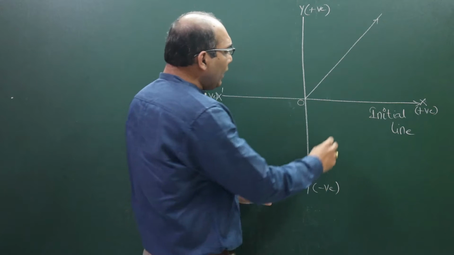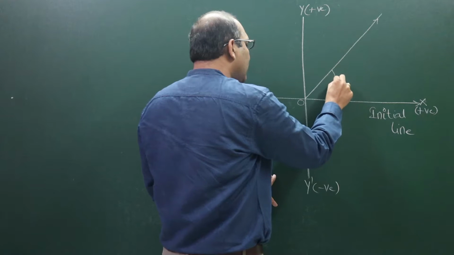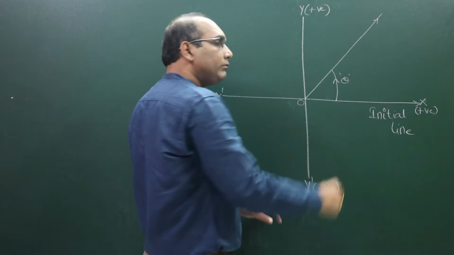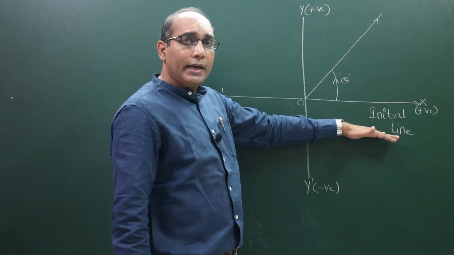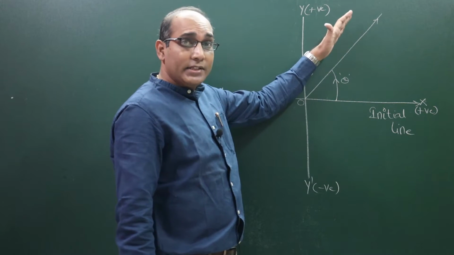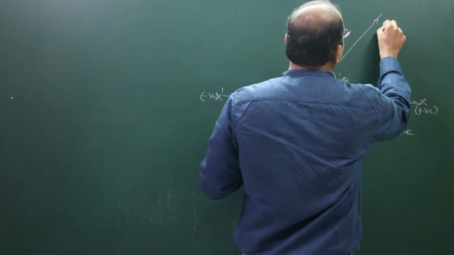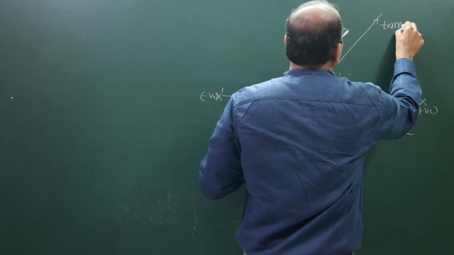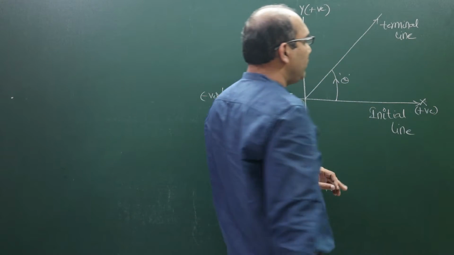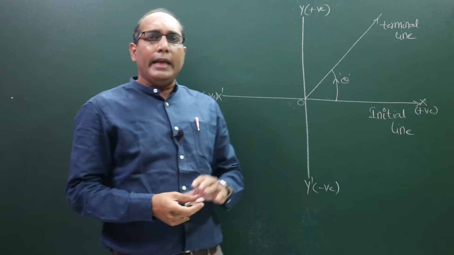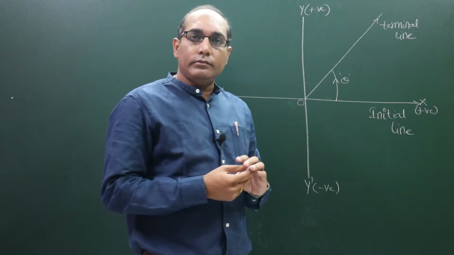Now the angle of rotation made by OX, let it be theta. Now this line is called as the initial line, where the rotation starts, and where the rotation ends, such a line is called as the terminal line. Now I want to form a right angle triangle by using this data.